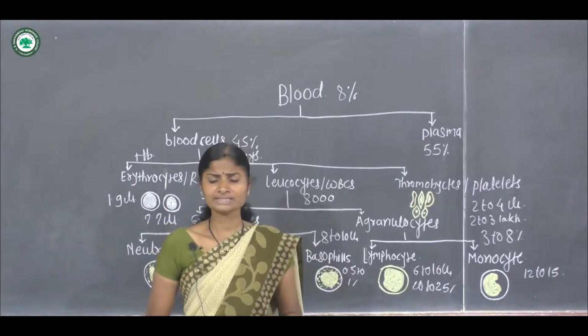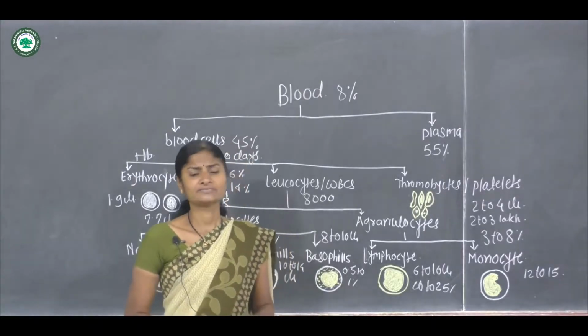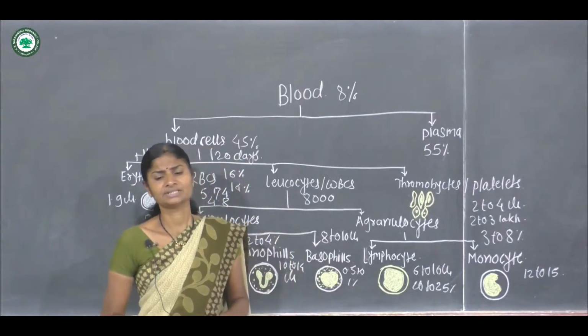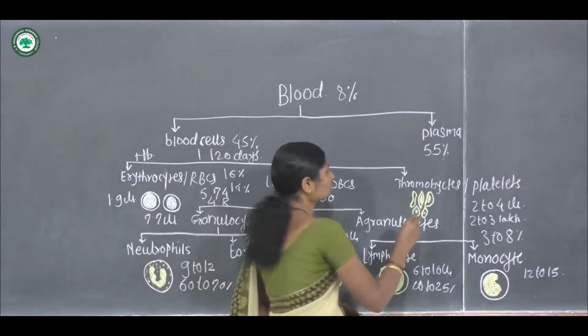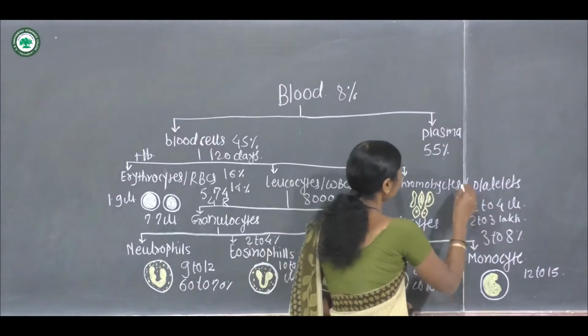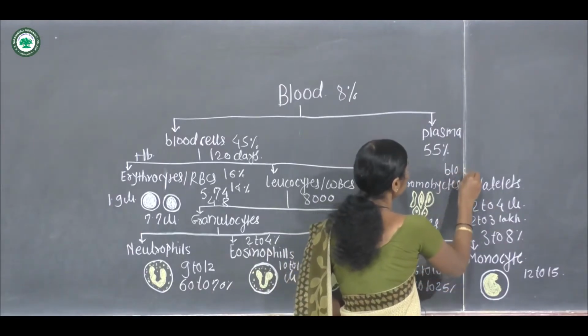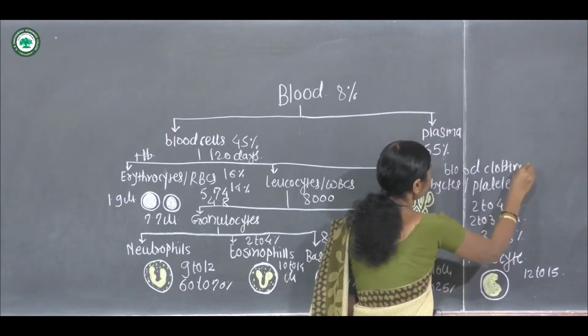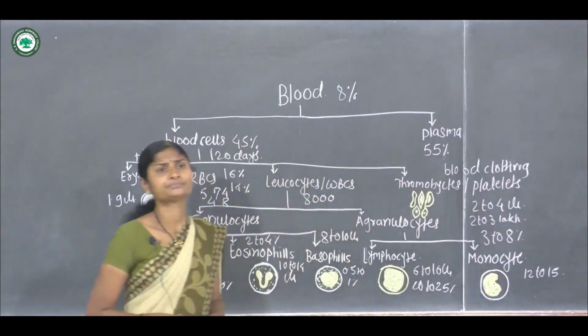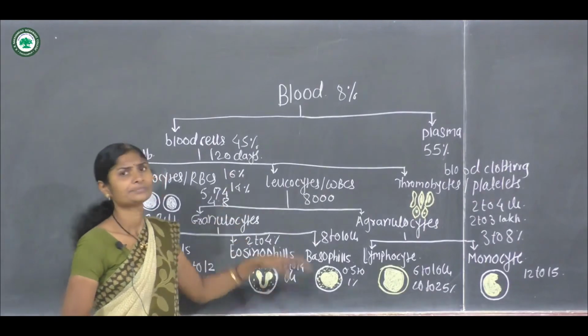Thromboplastin is present in plasma as well as in the platelets. Thrombocytes play an important role in blood clotting. This is all about the composition of blood. Thank you.